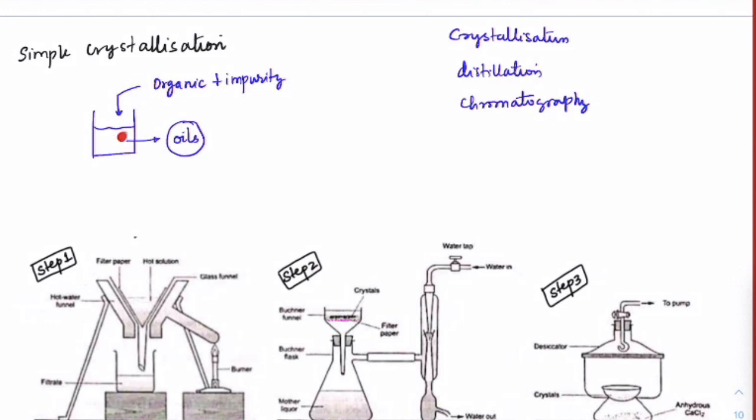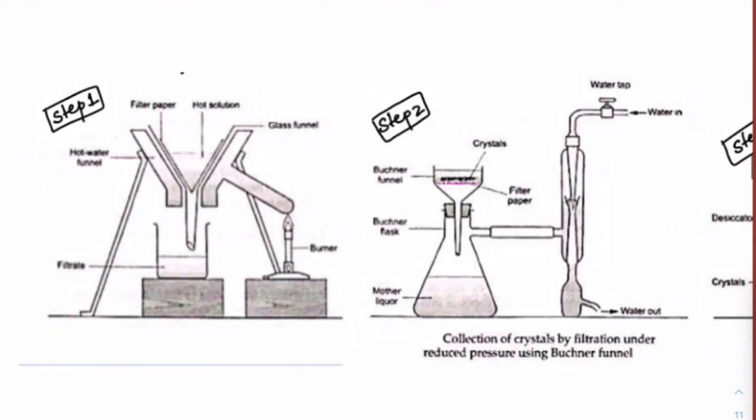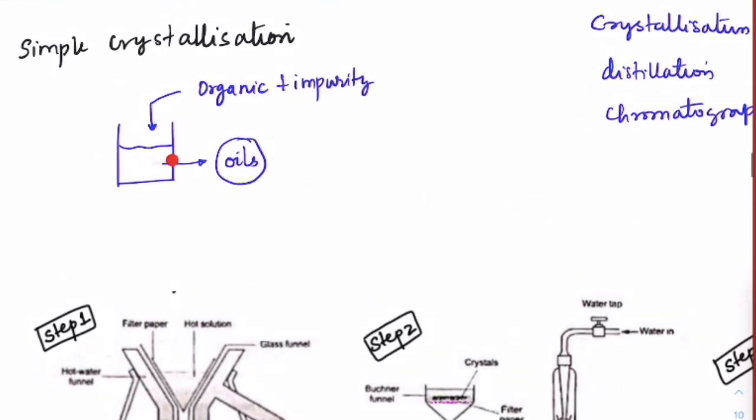Only this organic compound will get dissolved. I hope all of you are with me on this. So if that happens, I'll get a completely dissolved form of the organic substance, and the impurity will be left over as a residue. So what will I do? I can simply filter that and remove that impurity.